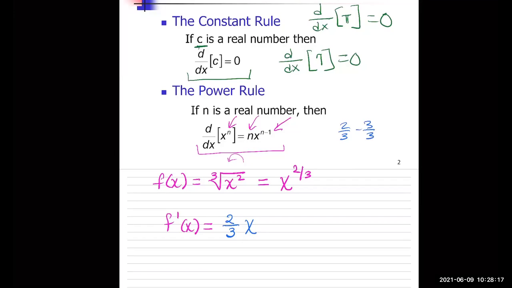Yeah, 2/3 minus 3/3, so that would give us negative 1/3. And that's our derivative. Any questions about what I did there?